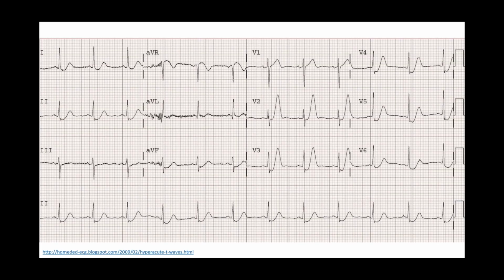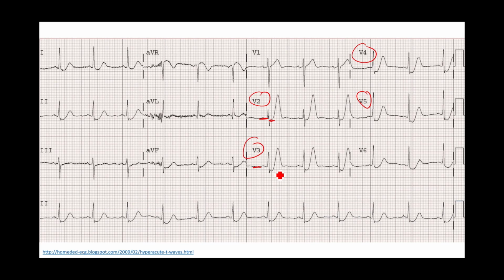Pause the video and give this one a try. Alright, let's look at the T-waves. Are there any T-wave inversions or peakening? The answer is yes, there are definitely peaked T-waves in V2, V3, V4, maybe even in V5, but definitely in V2, V3, and V4. I don't see any concerning T-wave inversions. However, there are ST changes, specifically ST depressions that we also see in V2.